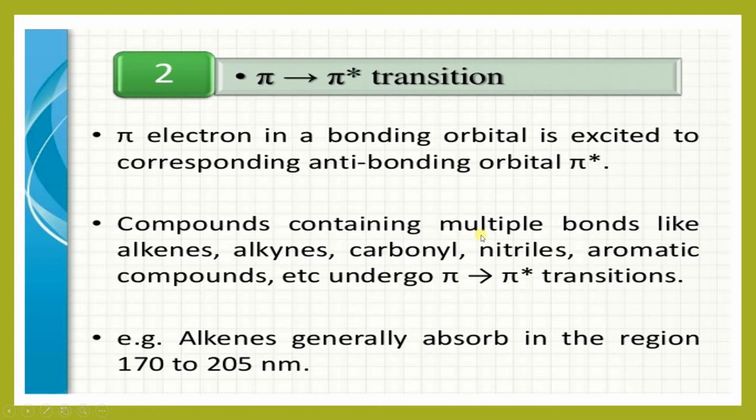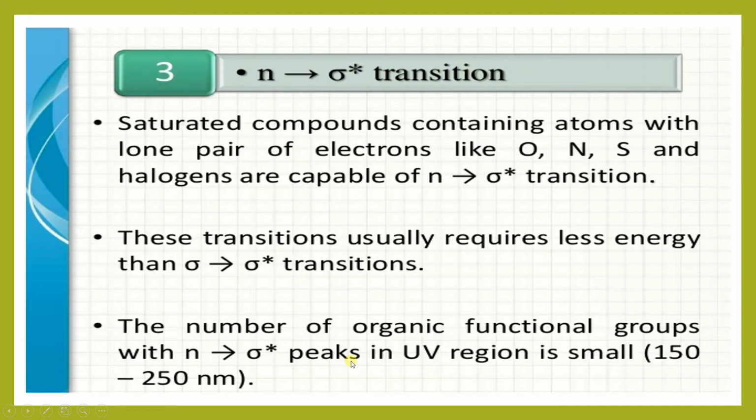The excitation of a pi electron requires smaller energy, and hence the transition occurs at longer wavelengths. Compounds containing multiple bonds like alkenes, alkynes, carbonyls, nitriles and aromatic compounds undergo pi to pi star transitions. Alkenes generally absorb in the region 170 to 205 nanometers.